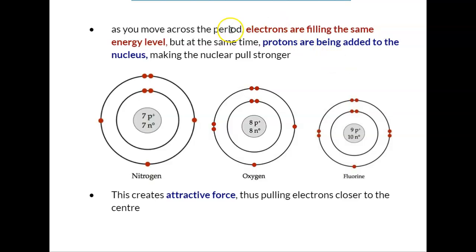Okay, so as you move across a period, electrons are filling the same energy level, which you would think would keep the size of nitrogen and fluorine the same, but we're also adding protons to the nucleus, which is going to make that nucleus really strong and attractive to the electrons. That's going to pull them in closer. All right, let's look at the next trend.